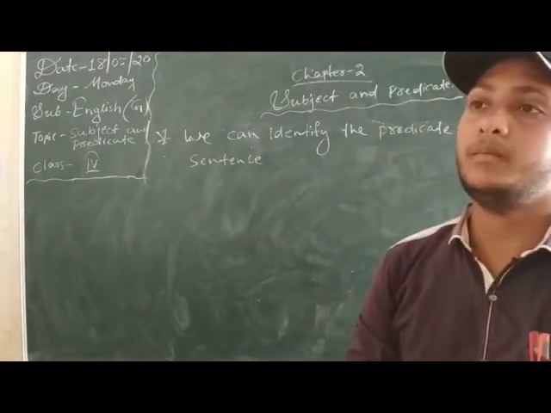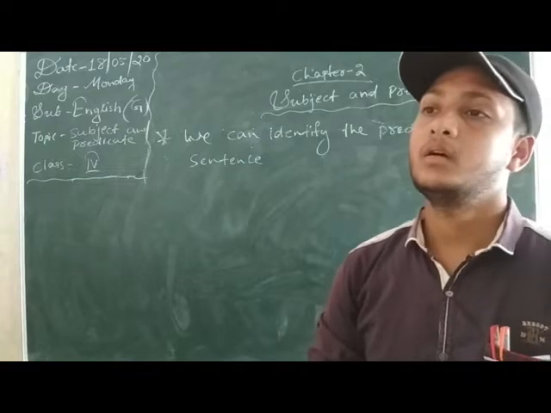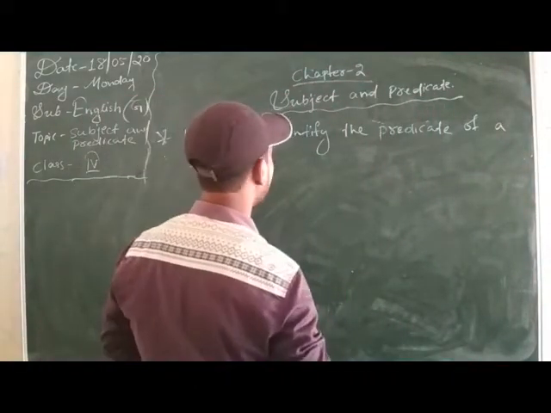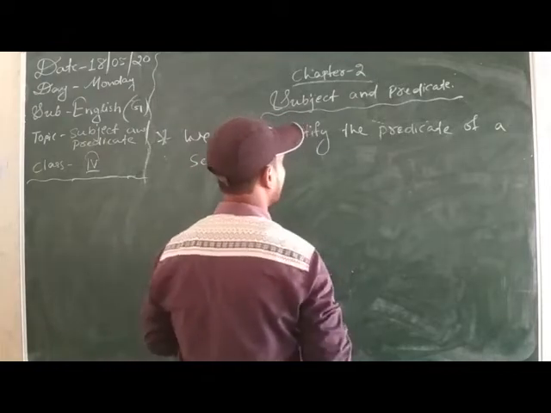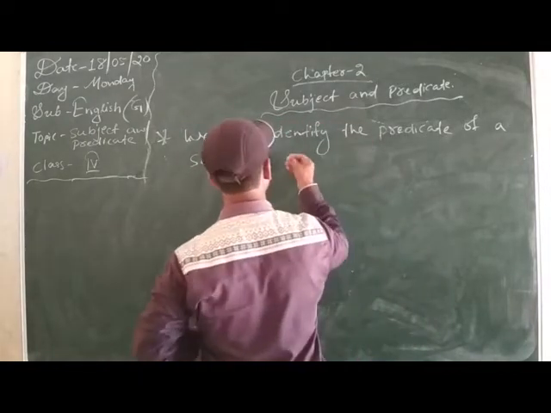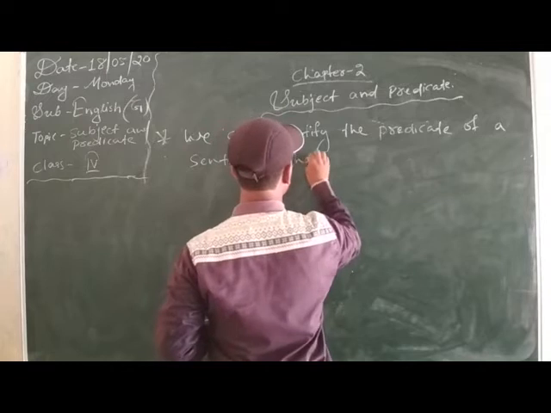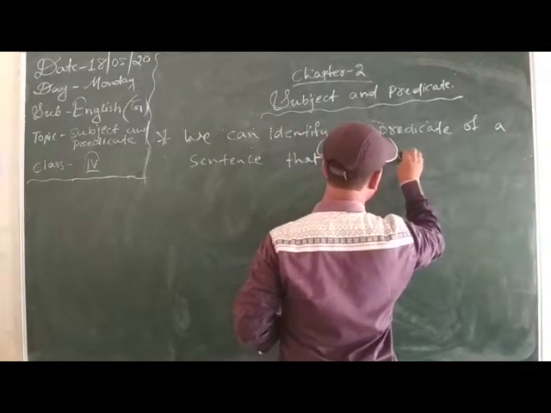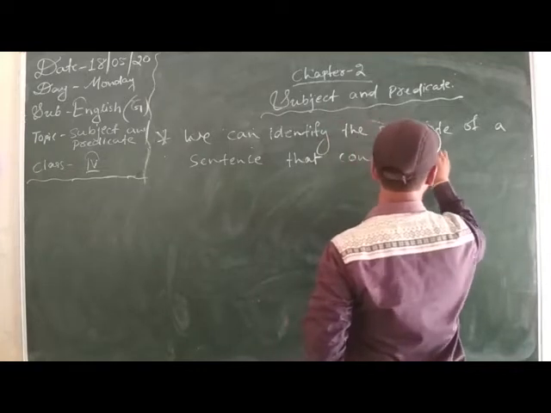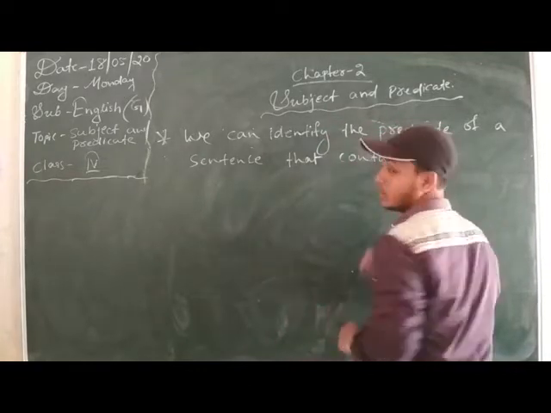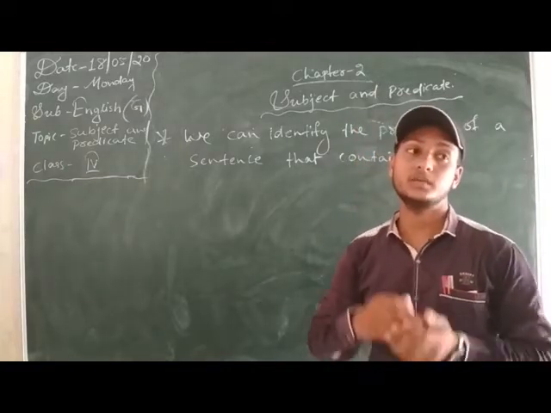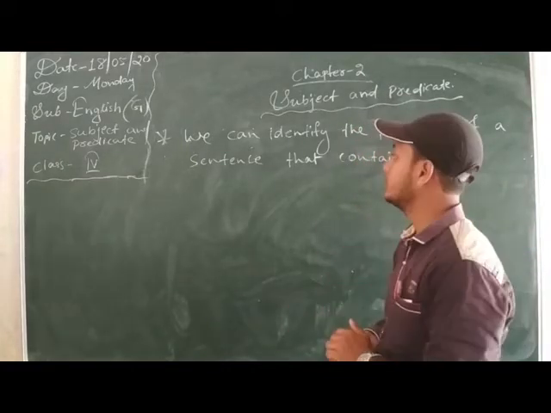Verb. Okay. Identify the part of the sentence. We can identify the predicate of a sentence that contains what? Verb. Get it? Okay.